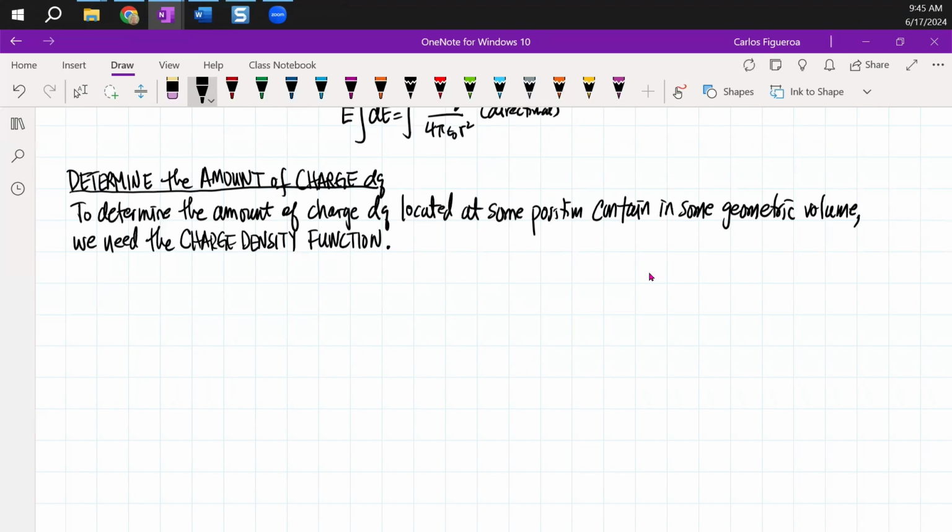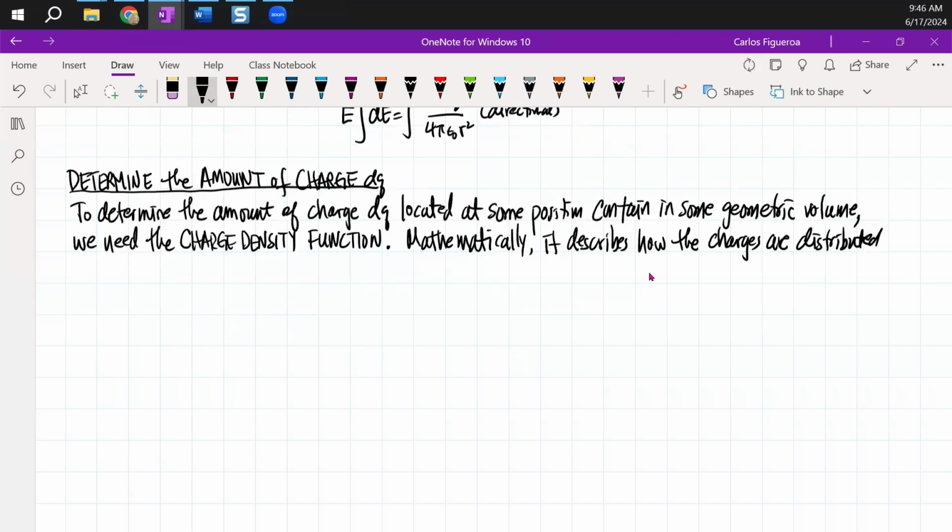Mathematically, it describes how the charges are distributed as a function of position. There are three types: linear, surface, and volume.